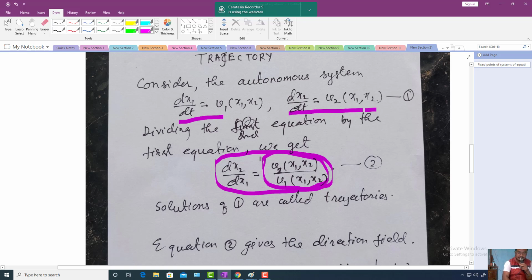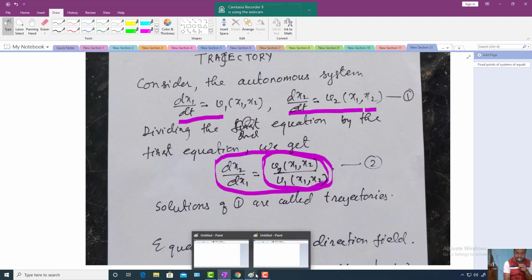Let us see some examples of how to find the direction field. In the examination it is not possible to find the whole direction field, but for some selected points you can find the direction of the tangent vector at a given point. Let us see some typical examples.